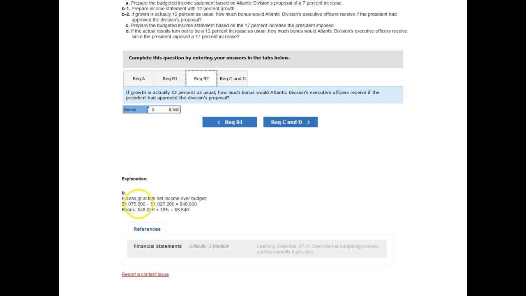The actual was above the budget. The bonus is based on 18% of this amount above the budget, and we have $8,640 as the bonus. Okay, so again, we're comparing actual net income to budget net income, find the difference, take that difference times 18%. That's the bonus.